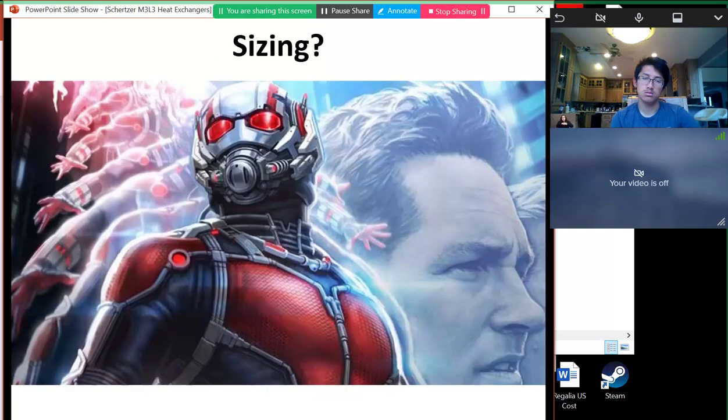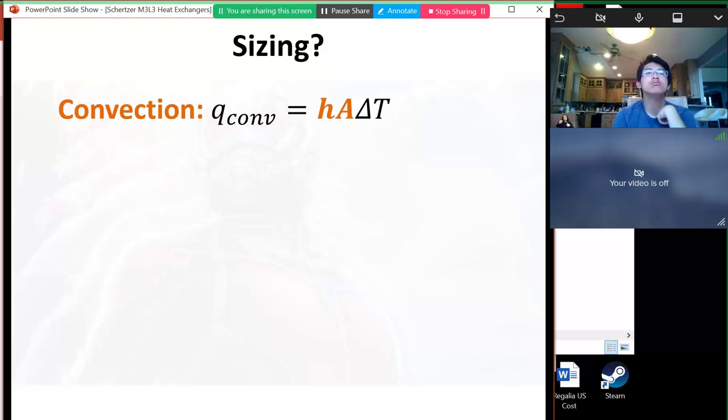Another thing we'll have to worry about is sizing. Obviously how much heat transfer area we have changes how much heat we're going to transfer. We know for convection that we have some kind of h times the area times delta T. So if we know the heat transfer, we could find the area. Or if we knew the area, then we could find the heat transfer.